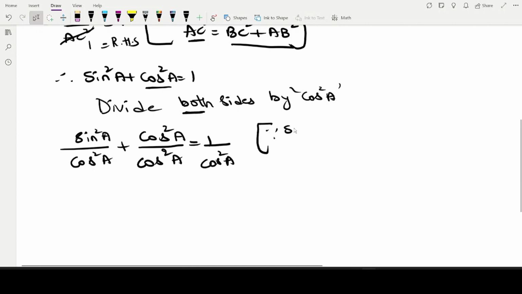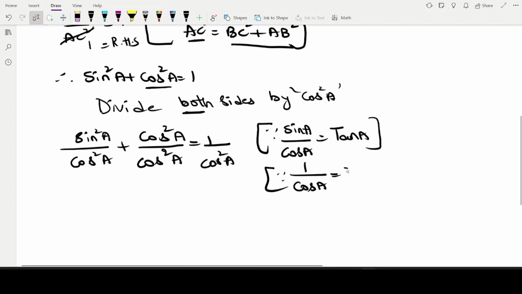We know that sin A divided by cos A is tan A, and also that 1 by cos A is secant. Let us substitute the values here. Sin²A by cos²A is tan²A, plus cos²A divided by cos²A gets cancelled, leaving 1, equals 1 by cos²A, which is sec²A.